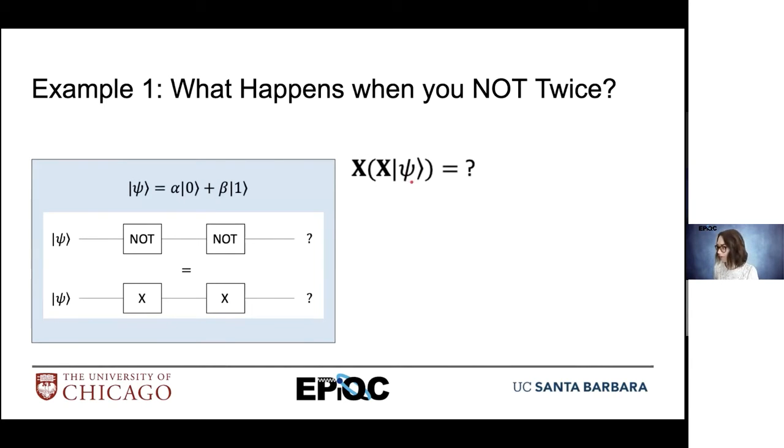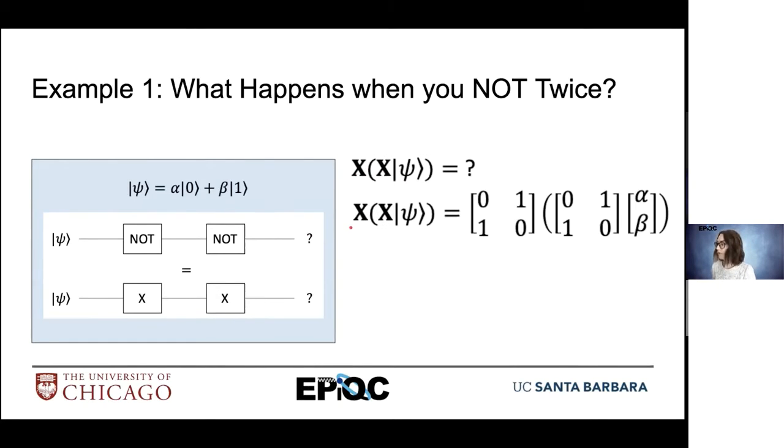So we have a qubit state that we're going to pass through the NOT operation twice. In order to implement our state transformation with mathematics, we're going to write the matrices associated with X and our quantum state, so our vector associated with our quantum state here. We're going to keep it general, so we have a general quantum state we're transforming.